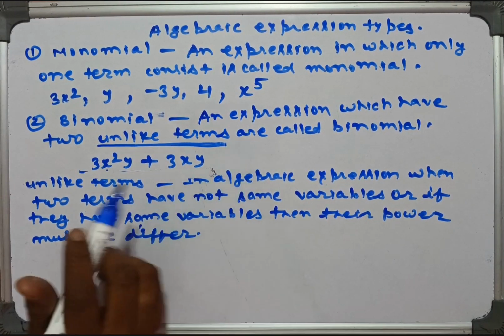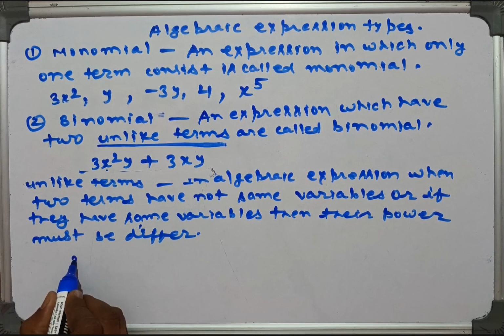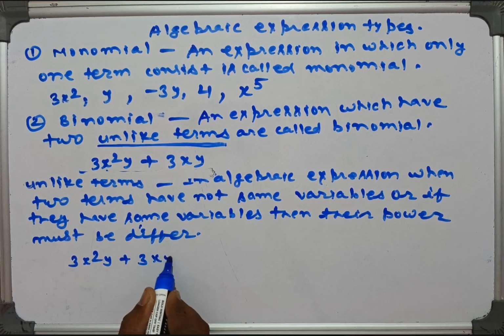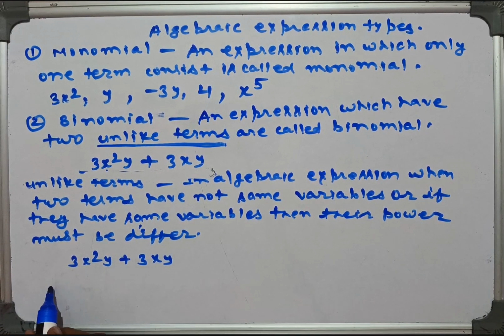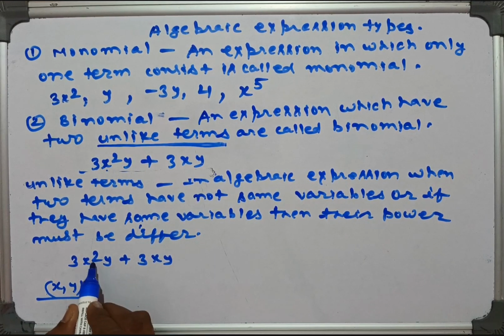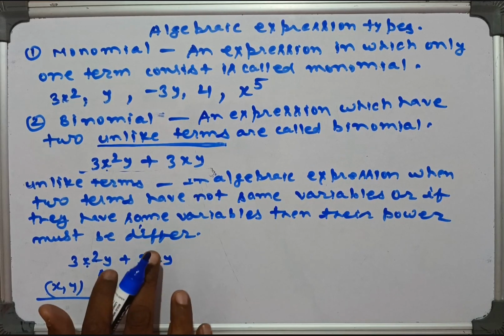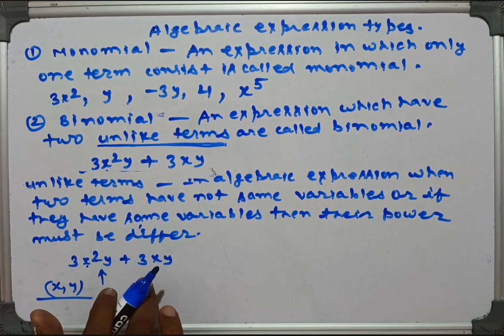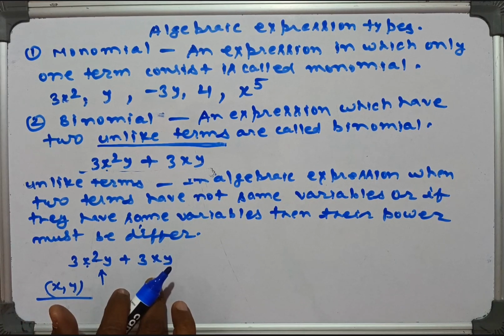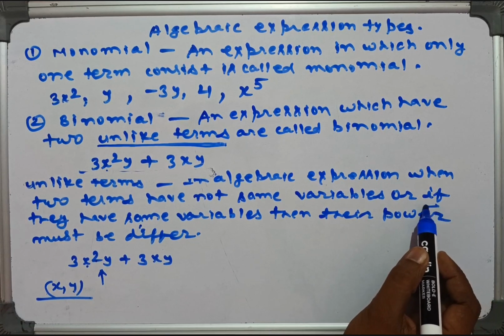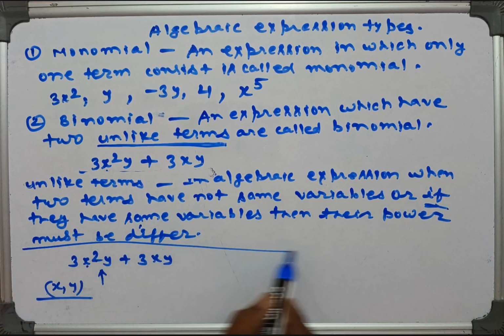Okay guys, so see here, I have taken here an algebraic expression, this one. Okay, so here see, x and y are variables here. However, in the first term the power of x is 2 and in the second term the power of x is 1. So both the terms are unlike terms. Okay guys, so this satisfies our expression.